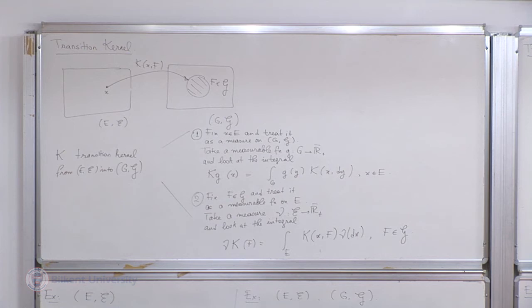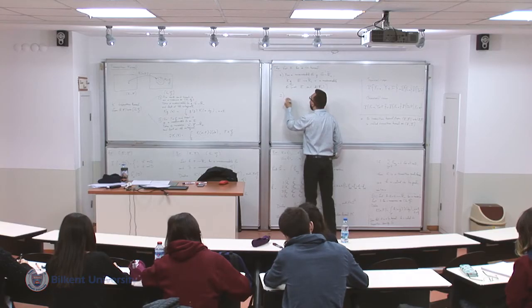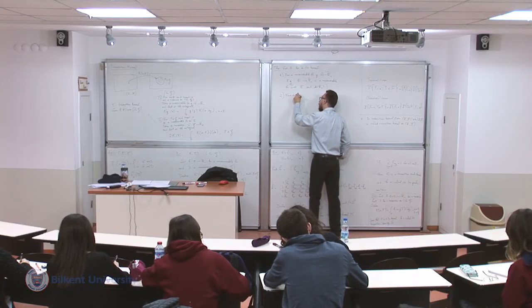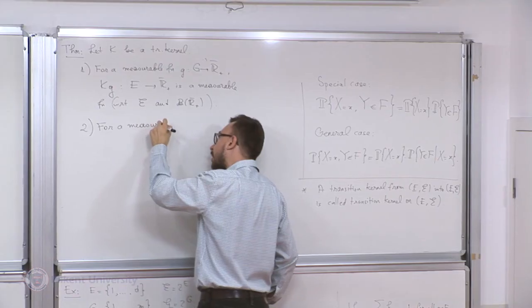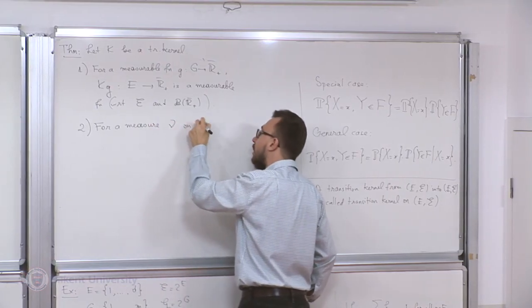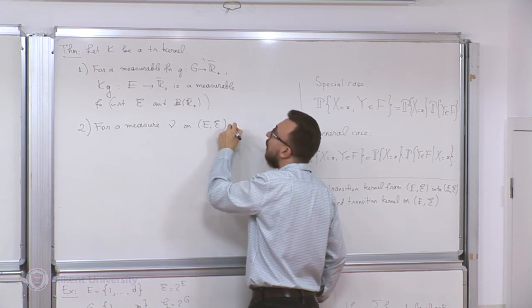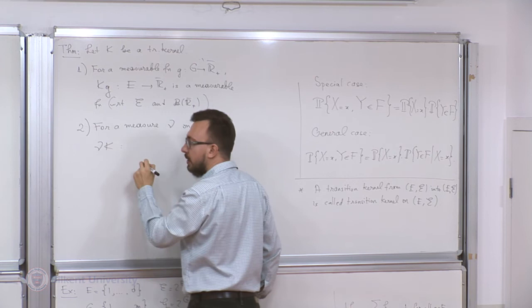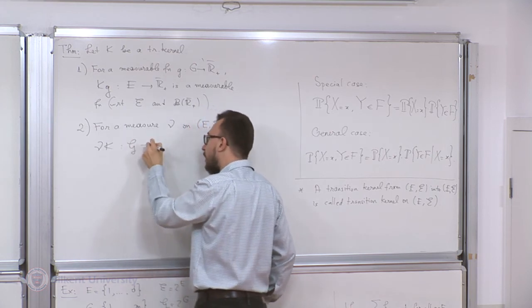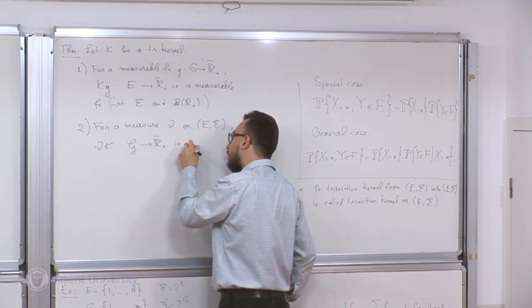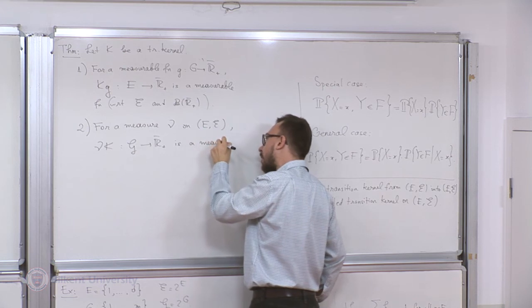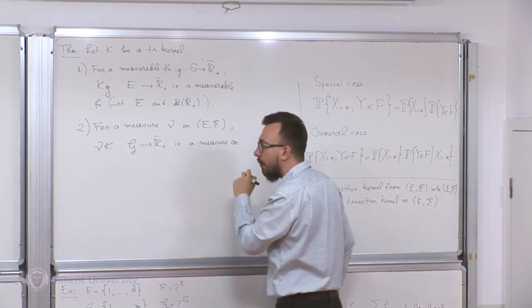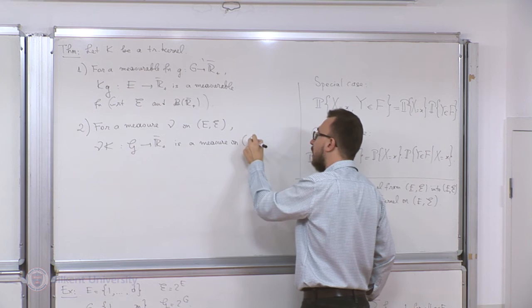So that's going to form the second part of my theorem. For a measure nu on E, nu K, which is a set function defined on script G, is a measure, but now where? On the second space.